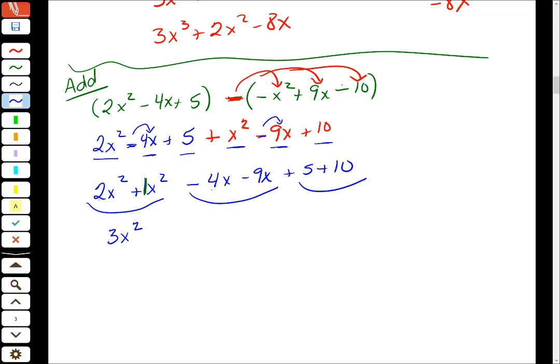This is a negative 4 minus 9 in my head. Negative 4 minus 9. Again, you should work on this computational stuff, but if you need to put this in your calculator, that should be a negative 13x. And this is a plus 5 plus 10, plus 15. And then that's done. There's nothing else to do here. There are no other like terms that I can add or subtract. Okay.